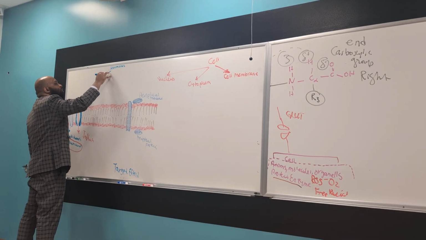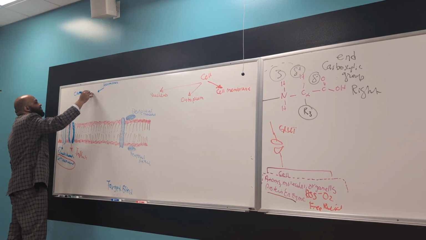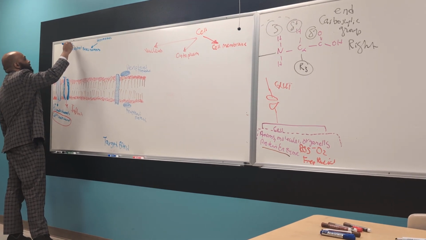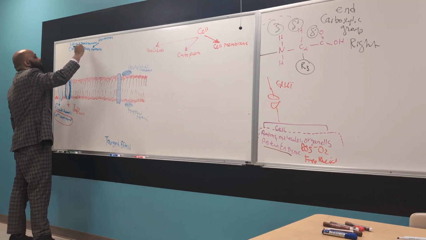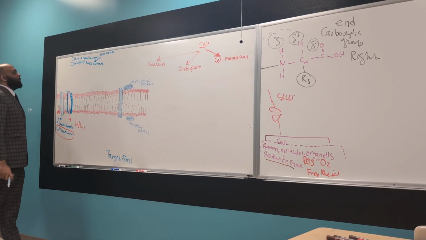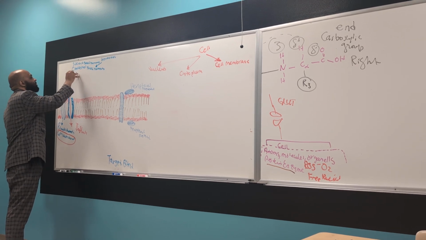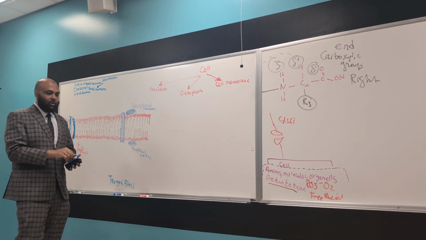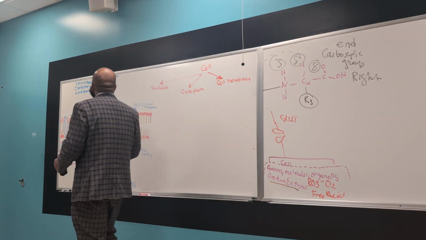I have cholesterol-based hormones, known as steroid-based hormones, and these hormones are lipid soluble. Let me write them in brown because that's the color of the plasma membrane. So that shows you they can dissolve in the plasma membrane.